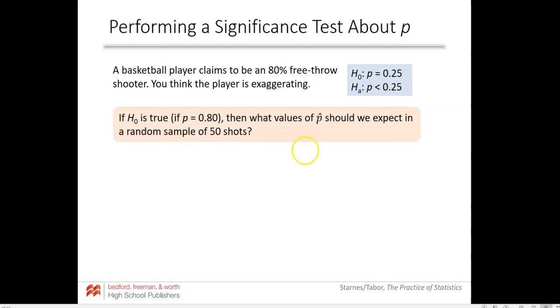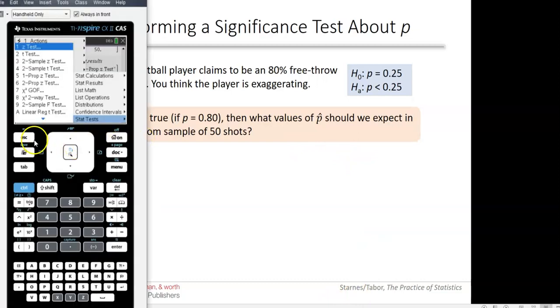What value of p hat should we expect? Well, I'm not sure this is a question we're asked very often, but let's just answer it.